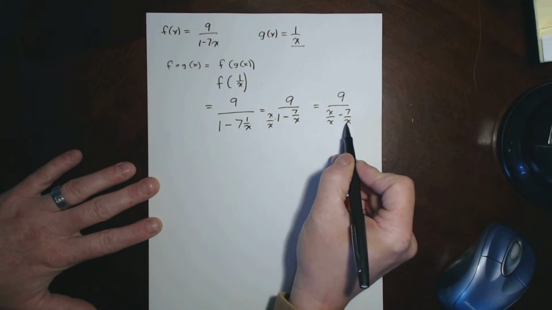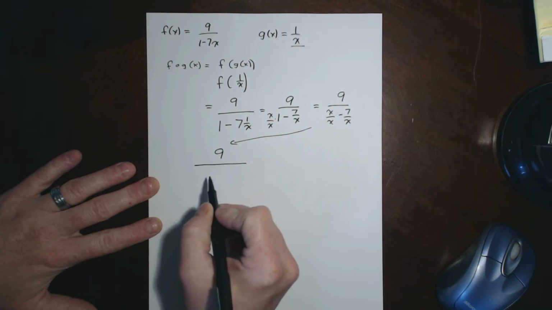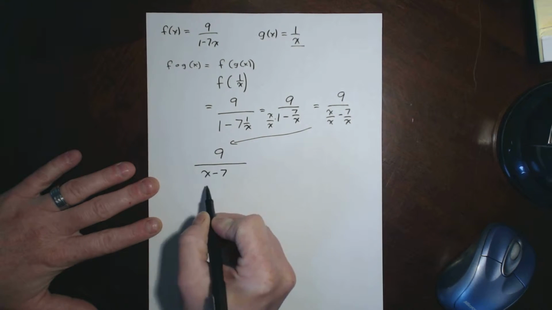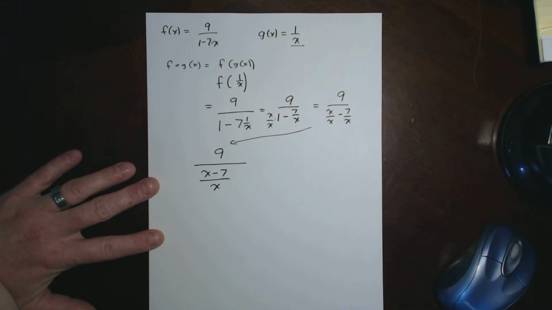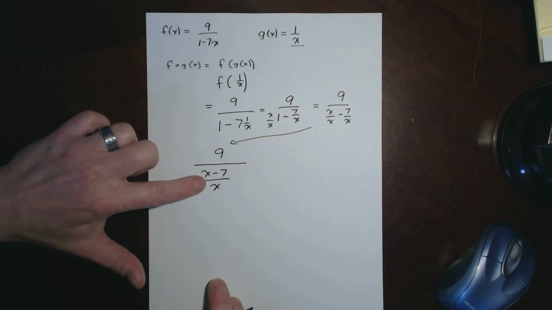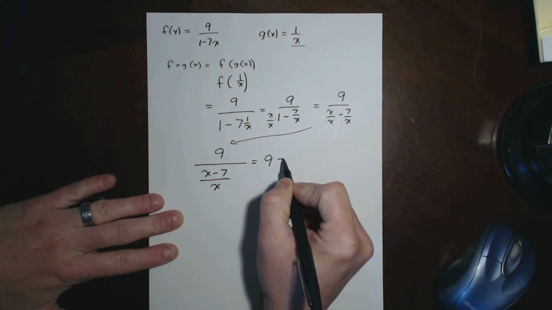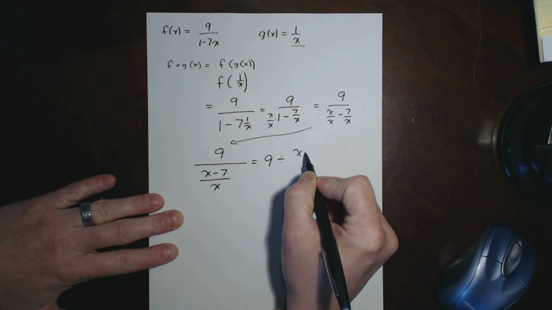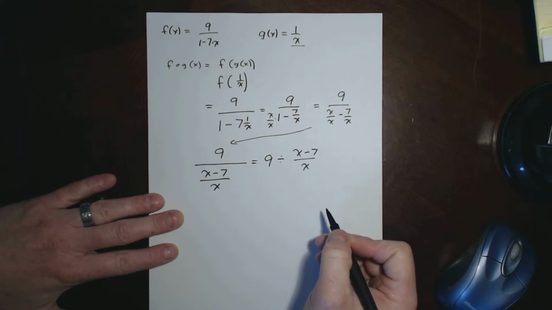Now we have the common denominator on the bottom, so this now becomes 9 over (x minus 7) divided by x. Now I have 9 divided by all of this, so I can write it as 9 divided by (x minus 7) divided by x.